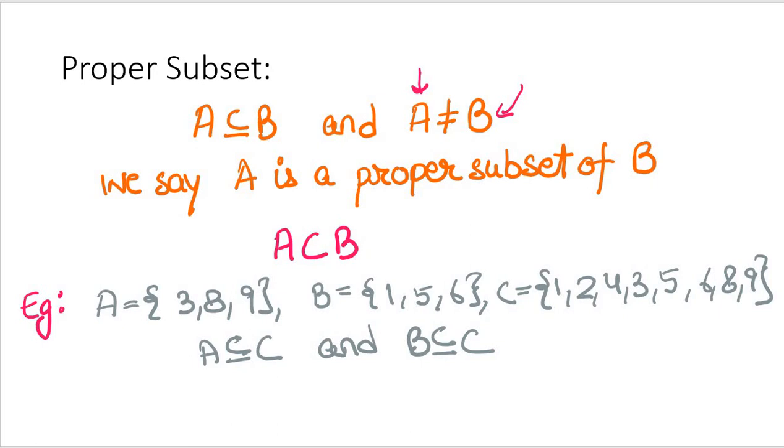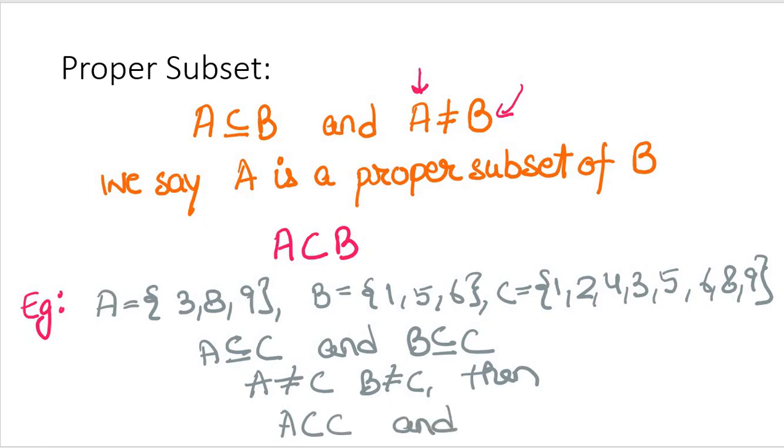And since there are some elements in C which do not belong to either A or B, that means A is not equal to C, B is not equal to C. Then what we get is A as a proper subset of C and B as a proper subset of C. So from here we have moved to here just because I have this additional feature added to it.